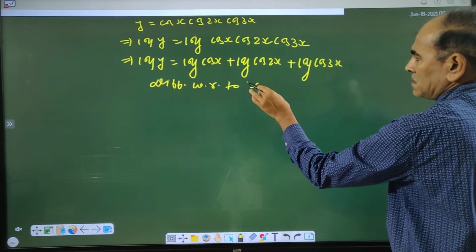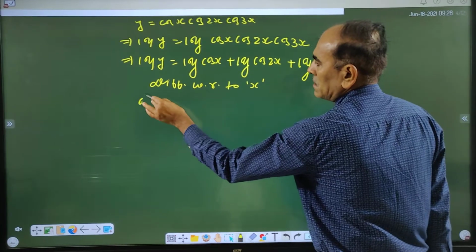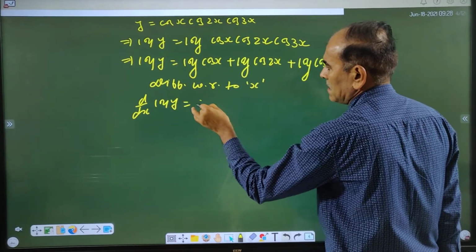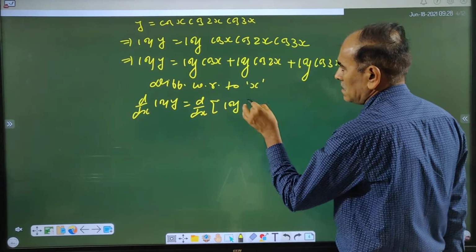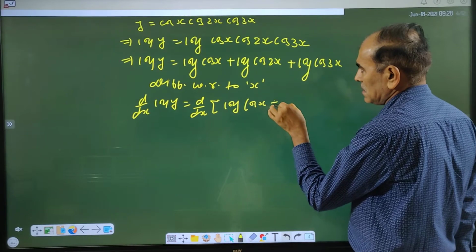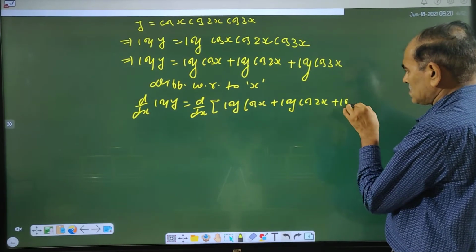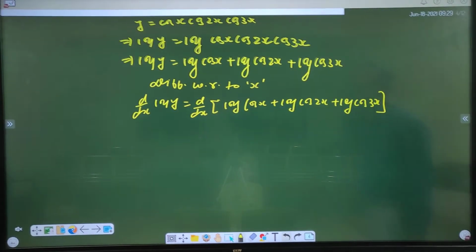Differentiate with respect to x on both sides. What do we get here? d by dx of log y is equal to d by dx of all this: log cos x plus log cos 2x plus log cos 3x.